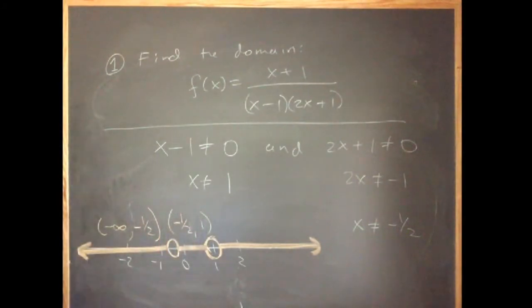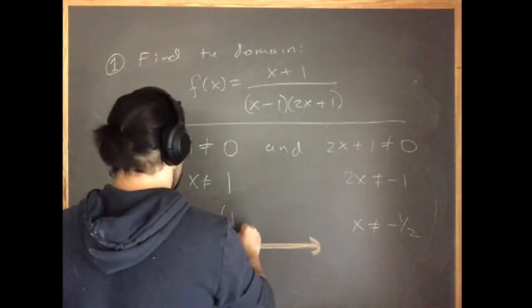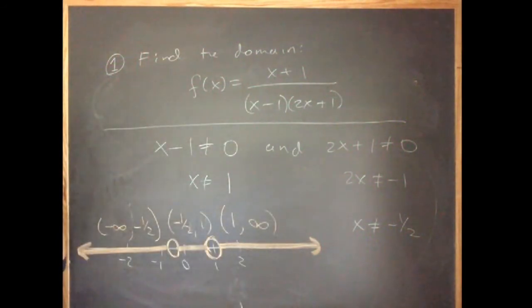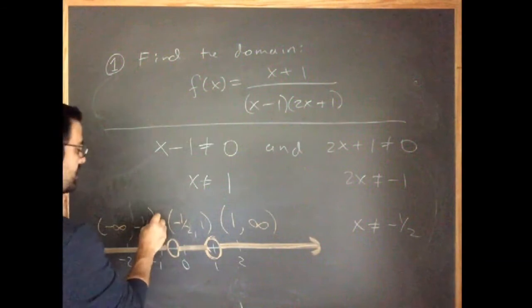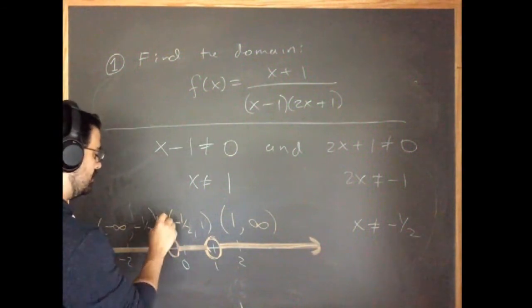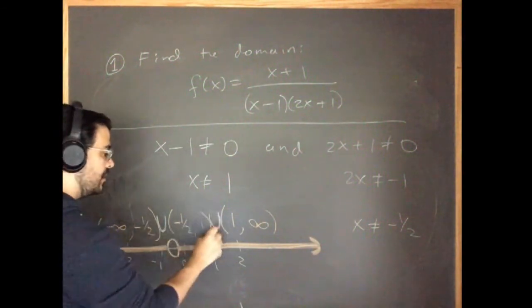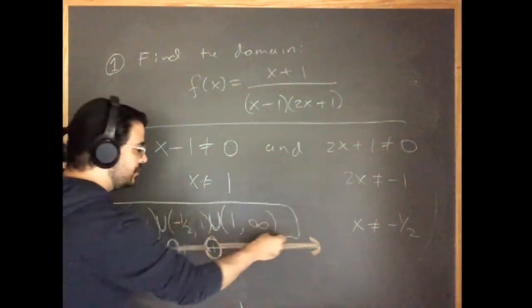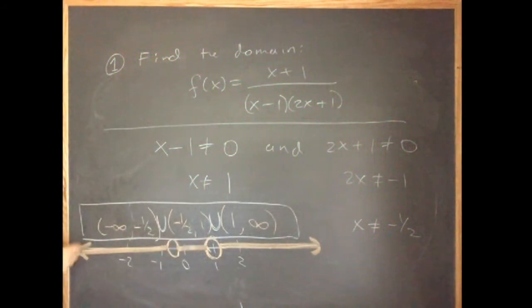And then finally, we have this region from 1 all the way out to infinity. And the way that we glue them all together is by putting a U, or a union symbol. And that means just glue those three regions together. So the domain in this case in interval notation would look like this. To write it as three different regions and then union them back up.